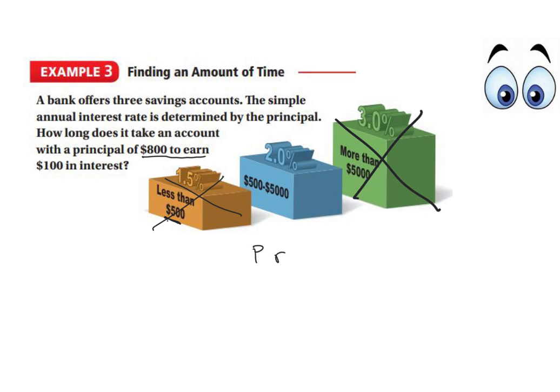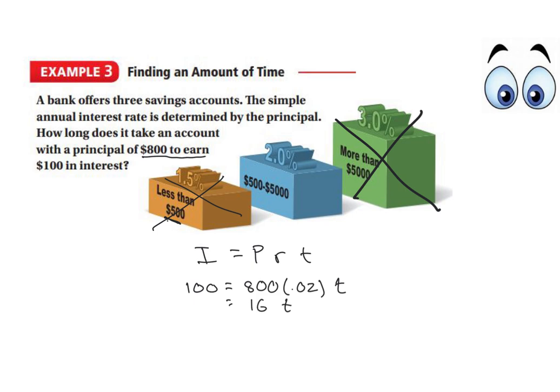So principal times rate times time equals interest. Okay, and what it says is we need to earn $100. So 100 equals principal of 800. The rate is 2%, so that's 0.02, and we do not know the time. So we'll do 0.02 times 800, that's 16.